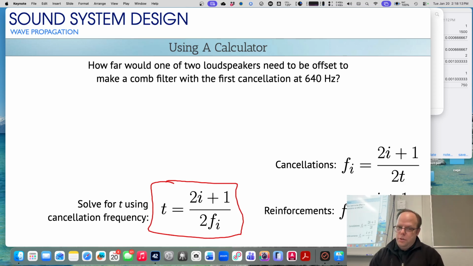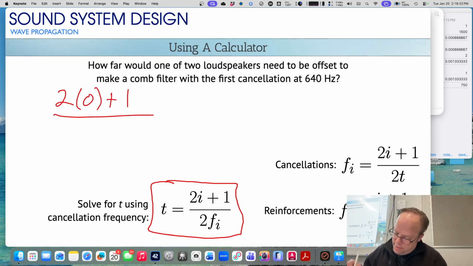All right, so solve for t: t equals (2i + 1) divided by 2 times the frequency. What is i in this scenario? 0.